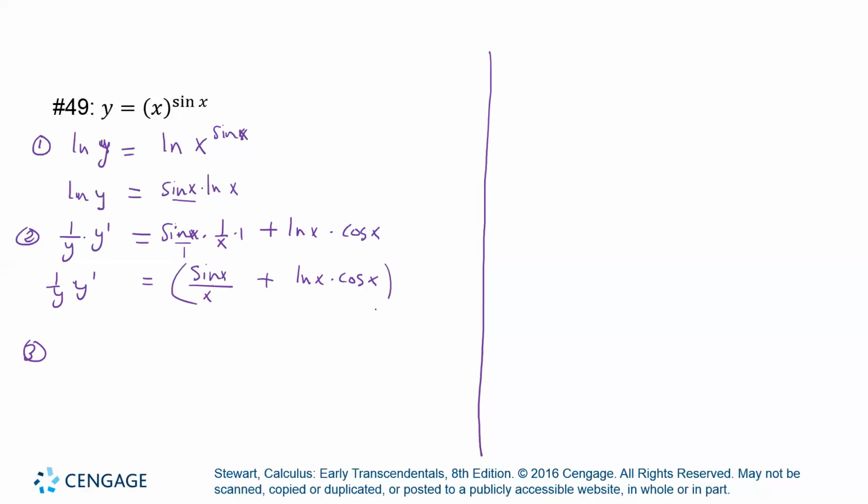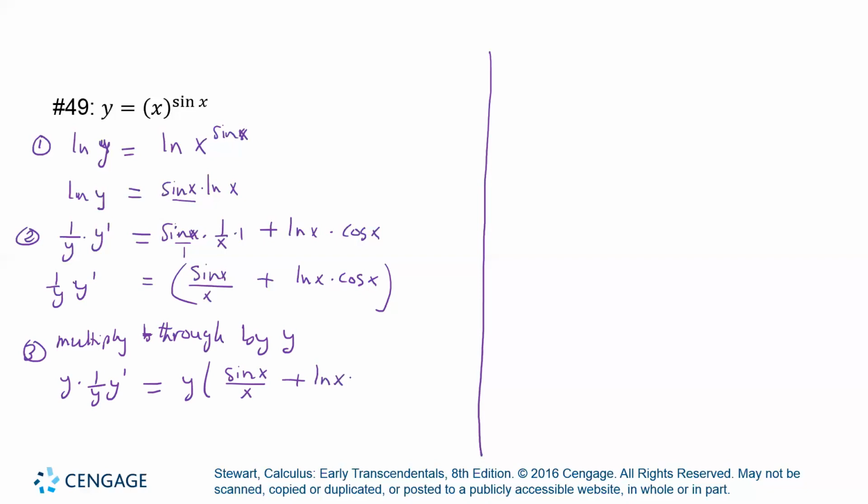So the trick we have been using is that we multiply through by y. That gives me y times 1 over y times y prime on the left hand side, and then y times sine x over x plus natural log of x times cosine of x.